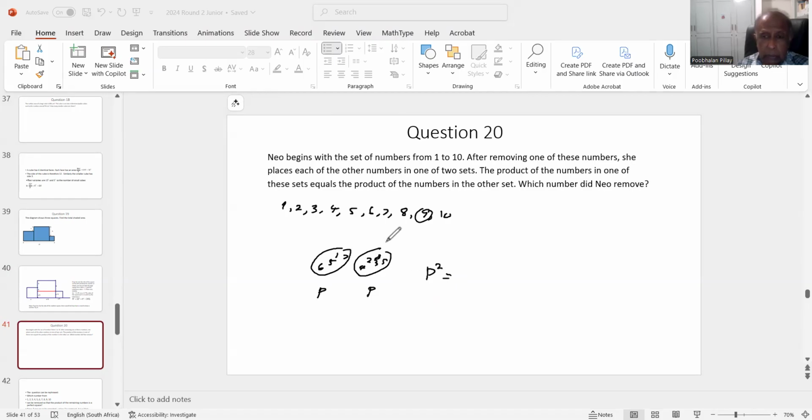But remember, one number is removed. Oh, I removed a 9, so I should have a 9 there. Now, when you multiply these, you're supposed to get a square number. So one of the numbers is removed, and the product of the others is a square number.